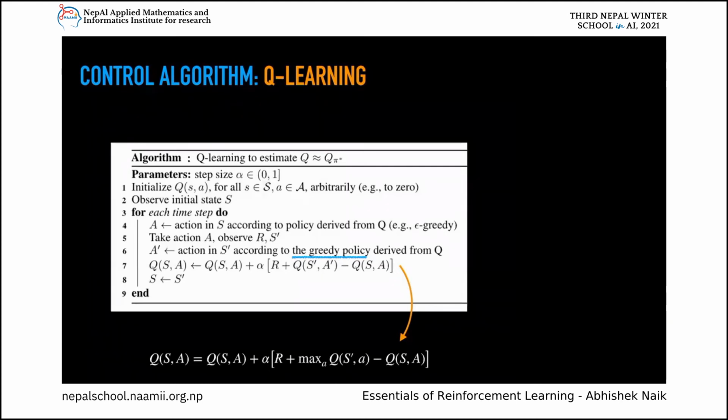And that will, if you recall, look similar to the Bellman optimality equation that we had derived for action values, Q of S, A. It had this expression at the end.